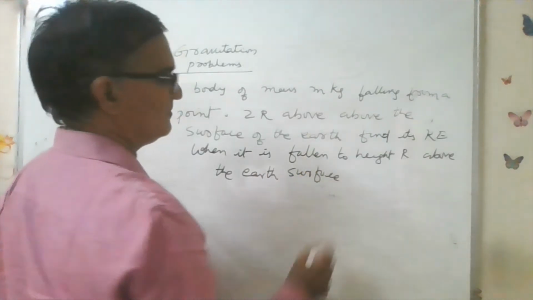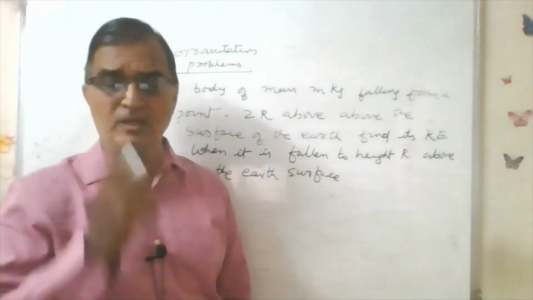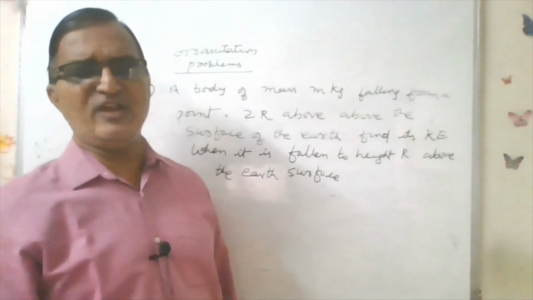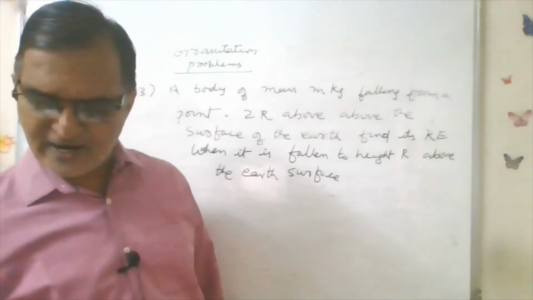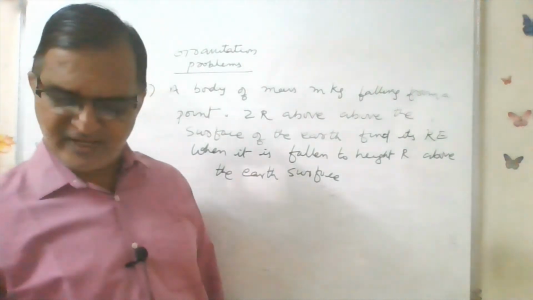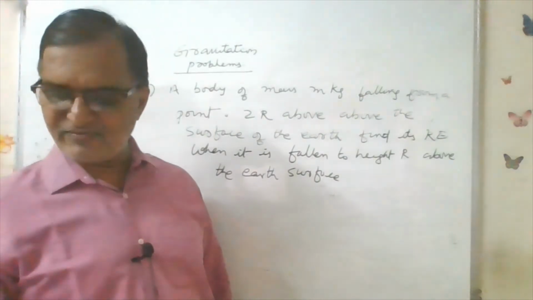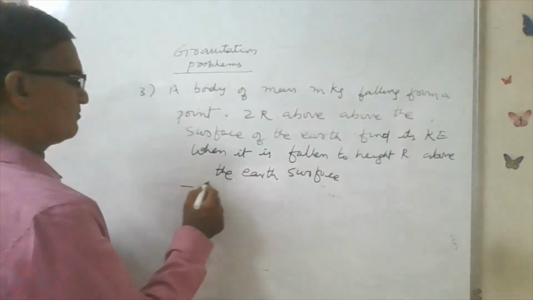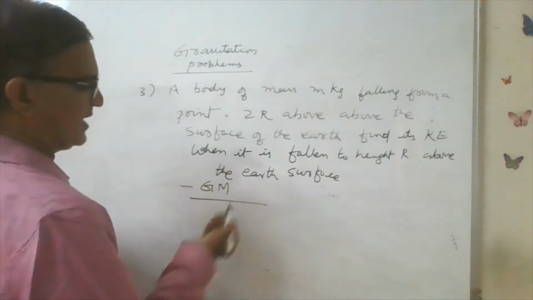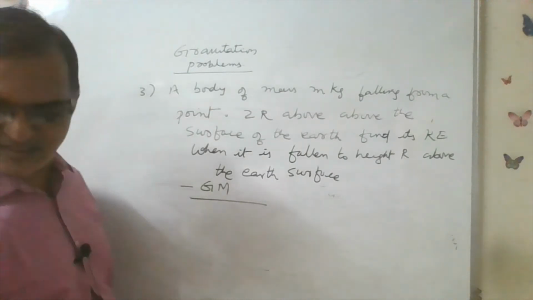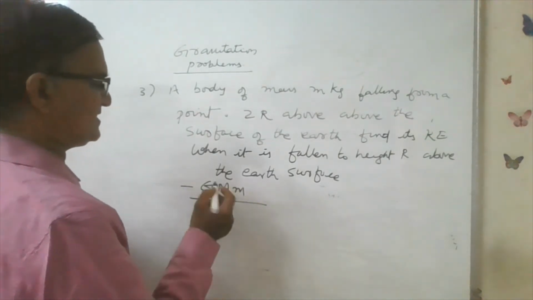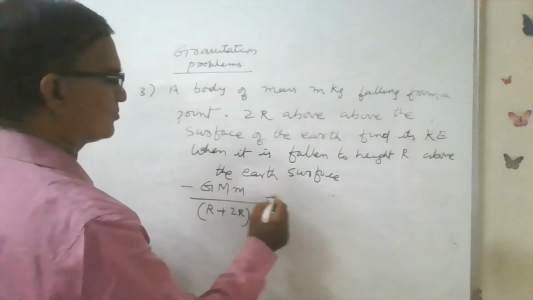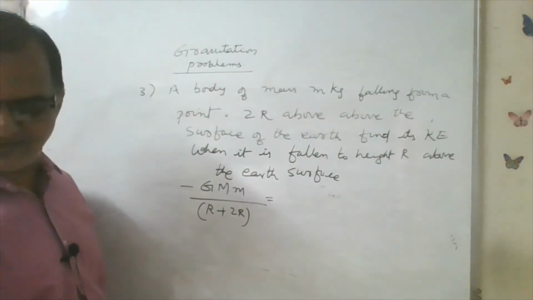Now the other day I did when a body is projected vertically upwards, what maximum height it reaches, we calculated. Similarly, in the other situation, the freely falling body m starts falling from a point 2r above the surface of the earth. So here, freely falling body means the kinetic energy is 0. r from the surface of the earth, again 2r, you have got the total height from the midpoint of the earth.